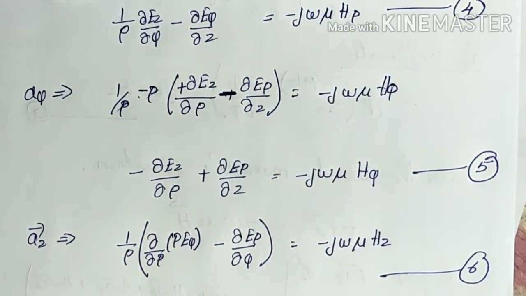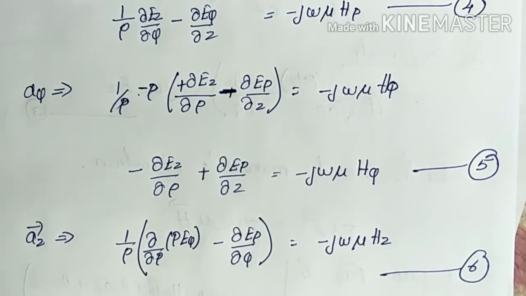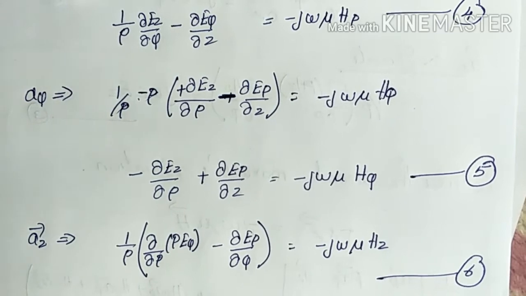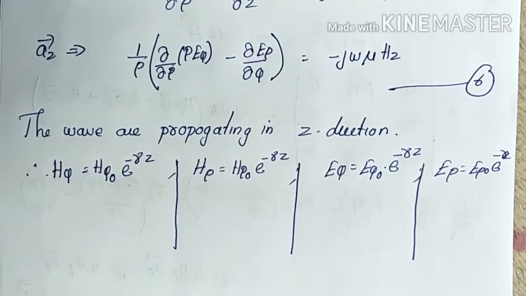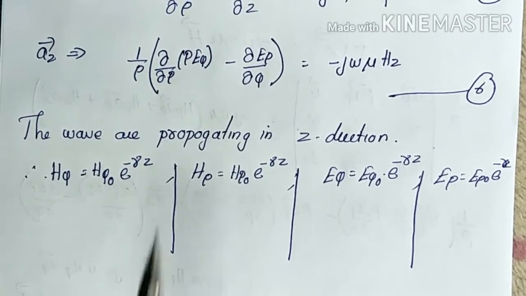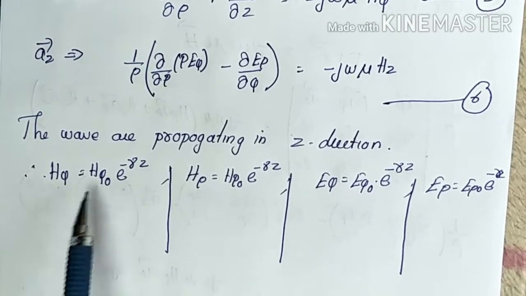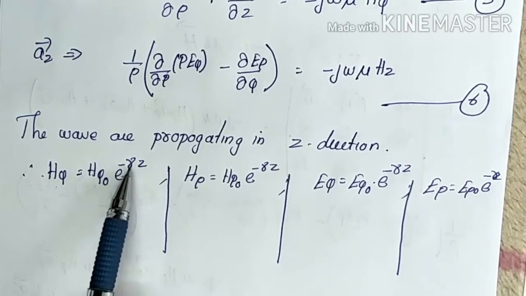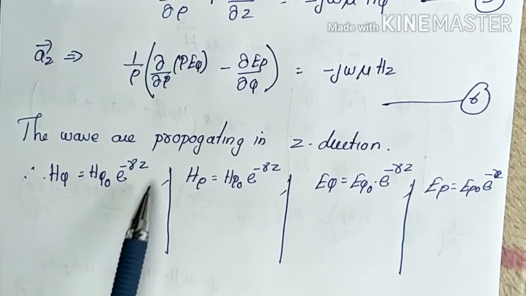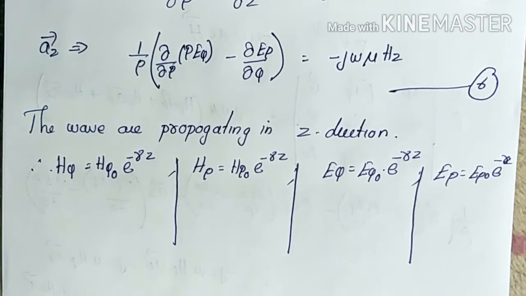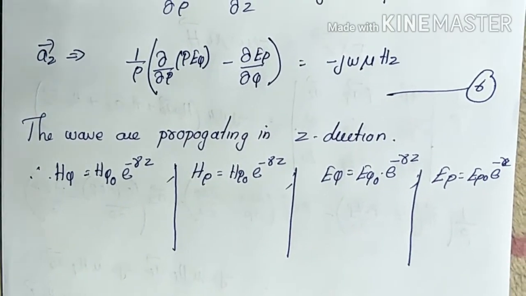Now you have equations 1, 2, 3 from Maxwell's first equation, and equations 4, 5, 6 from Maxwell's second equation. We know that the wave is propagating along the z direction. So h phi will be equal to h phi naught into e power minus gamma z to indicate the direction of propagation. Gamma is a factor which gives the propagation loss.